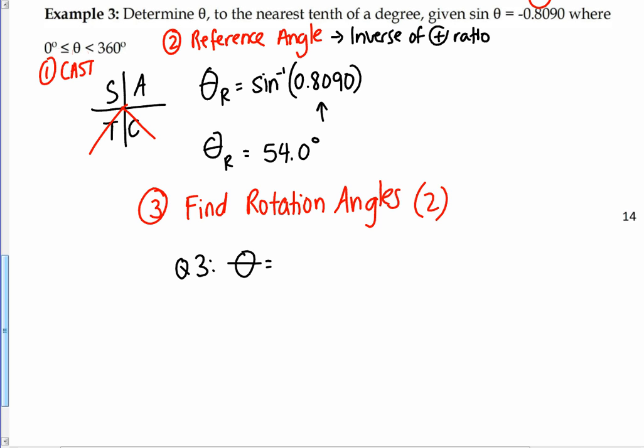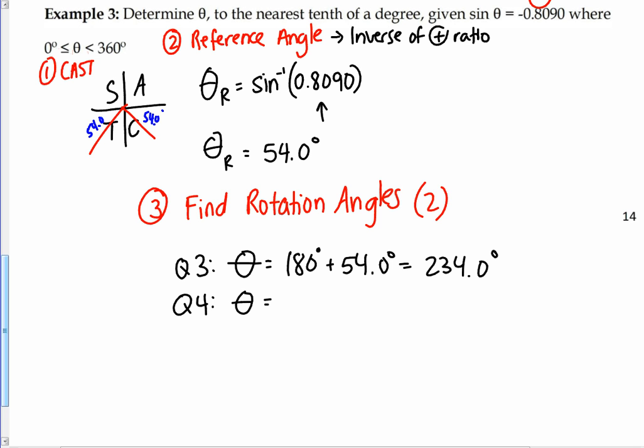With our reference of 54.0, 180 plus 54 is 234.0. How do we find it in quadrant 4? 360 minus the reference, and that gives us 306.0. There's our 2 angles.